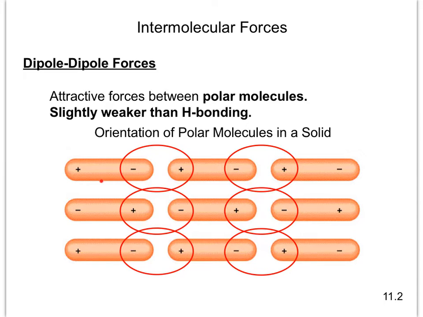So this dipole is interacting with this dipole, dipole-dipole. So dipole-dipole interactions are attractive forces between polar molecules, but because they aren't that special hydrogen bonding situation with N, O, or F, they're not quite as strong as hydrogen bonding. So they're still attracted, but they're not water strong.